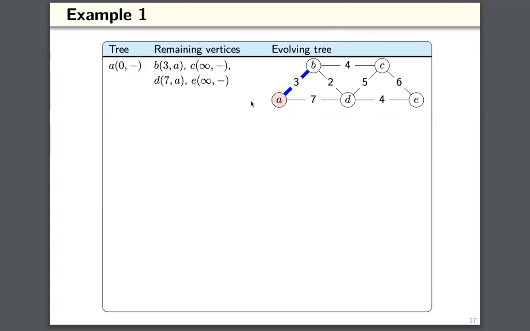A is in your tree. This is also an evolving tree, right? This is the shortest path tree. A is inside this, fine. Now look at all the vertices and compute the distances from the source, right?